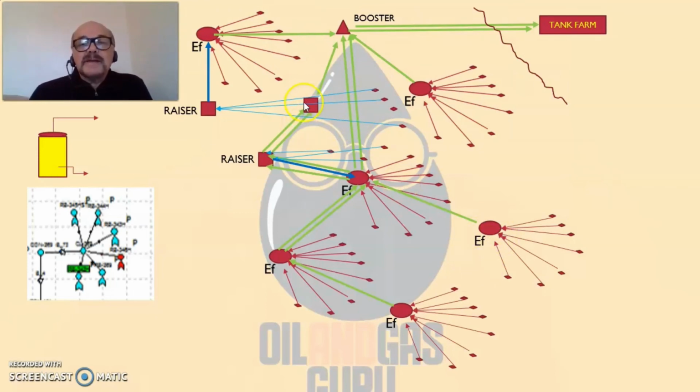We don't need it here because we have racers very close to the two flow stations where we can separate the gas and the liquids, send it to this flow station, to the tanks of this flow station. So this is what we did, but the message here is that I think it was $10 million that we saved with this action.